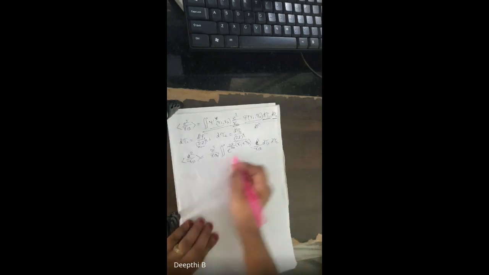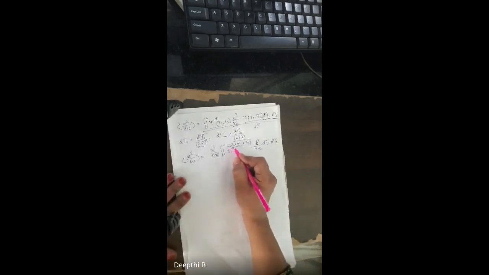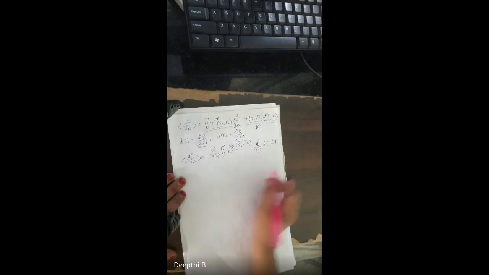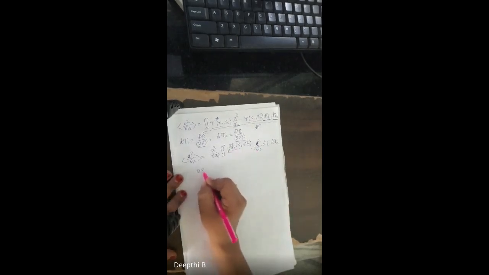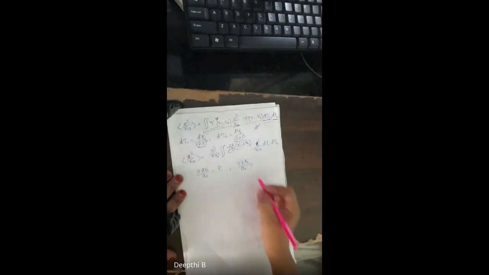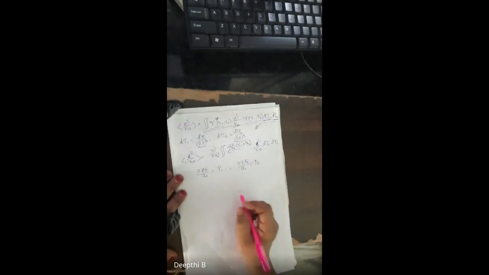Now the exponent is minus 2Z r1 by a naught minus 2Z r2 by a naught. So 2Z r1 by a naught is equal to p1 and 2Z r2 by a naught is equal to p2. Okay, students.